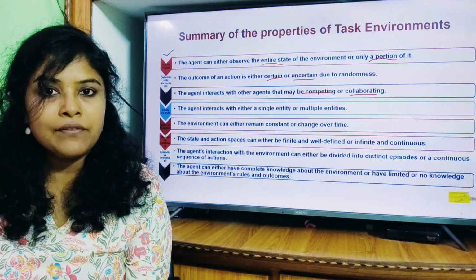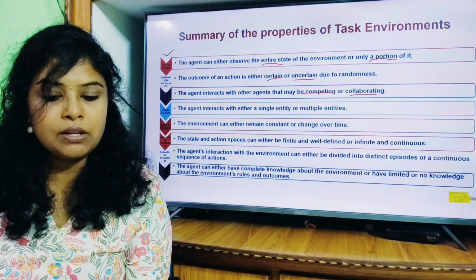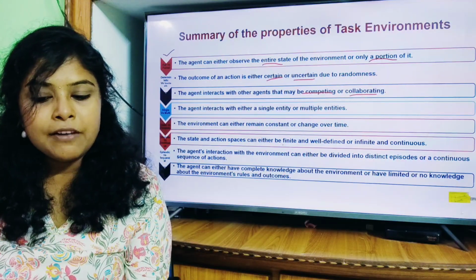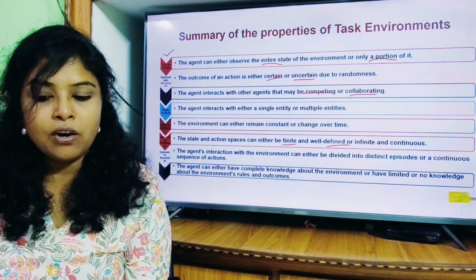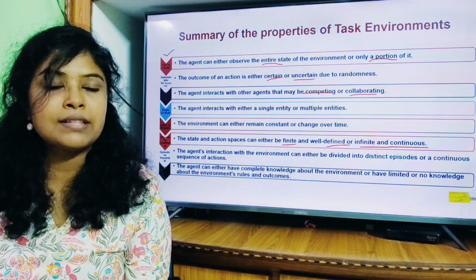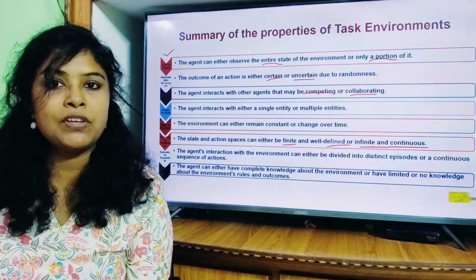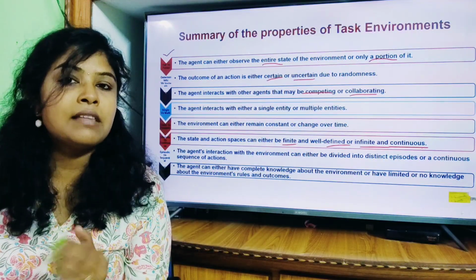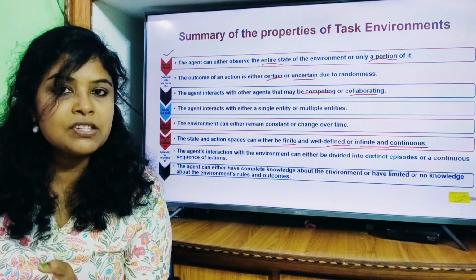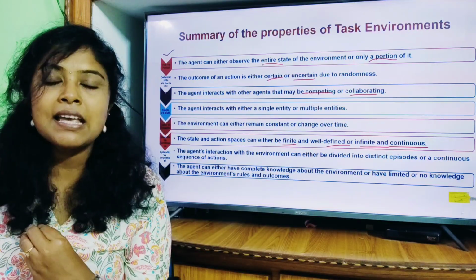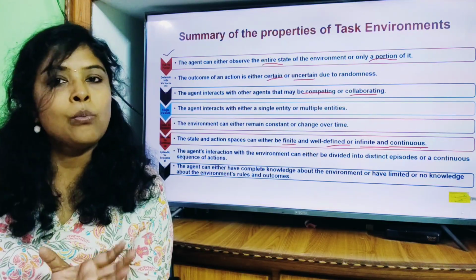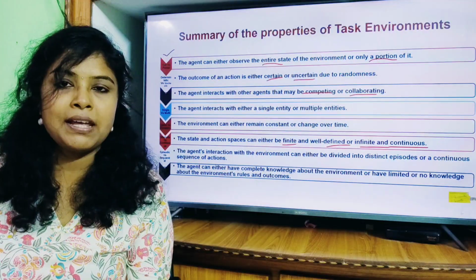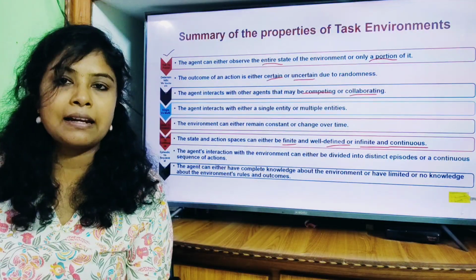Coming to the next one, which is discrete versus continuous, where it can be finite and well defined or infinite and continuous. So in a continuous environment, we say that the environment is going to keep changing continuously and it has infinite state space. Whereas in a discrete environment, we know the outcomes exactly.